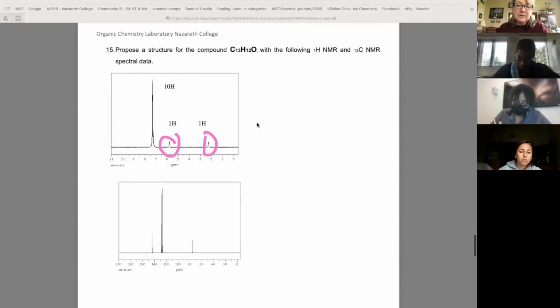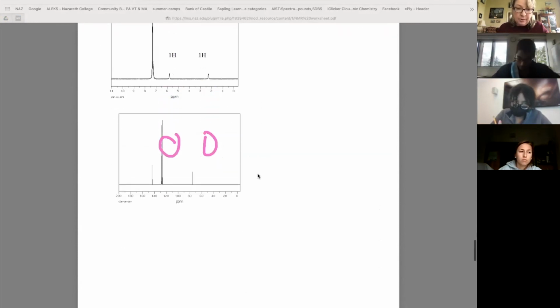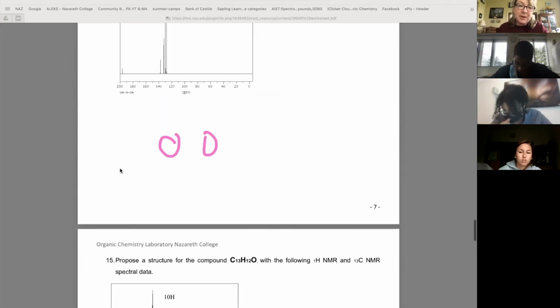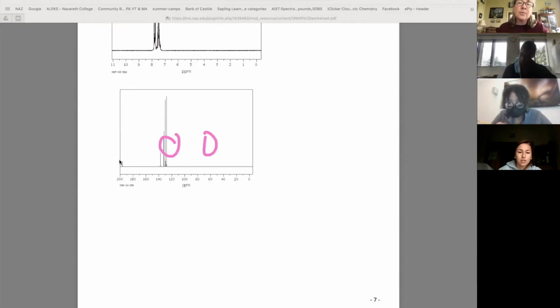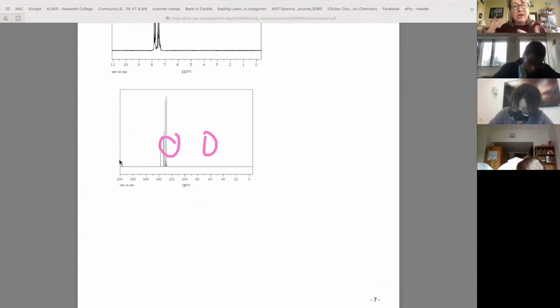And same with the carbon one. You're going to see this one appear and this one disappear. So just monitor the peaks, each has its own distinct signals. And as you see the transformation of the spectra, you know that the chemical reaction is happening.